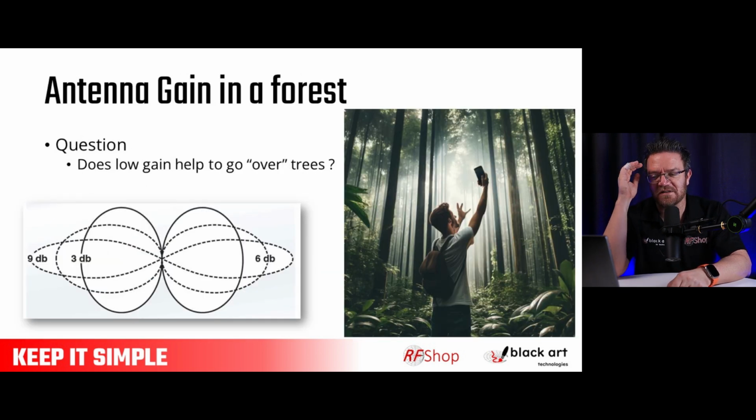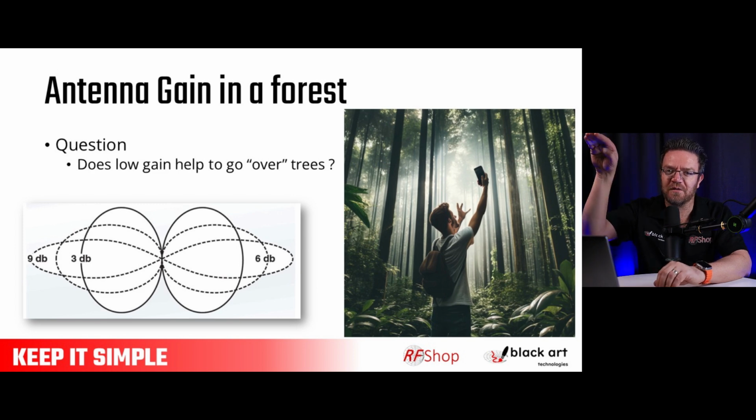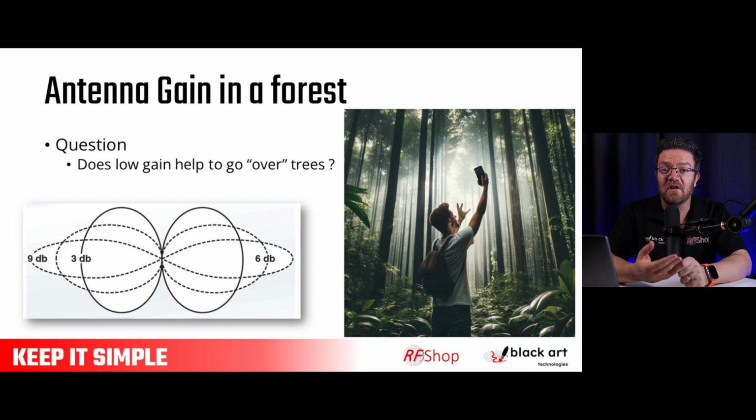Now, one thing that has come up a few times, and you can easily get caught on this if you are not thinking about it, or if you're not an expert in this field, is we get people who think, well, you need to go low gain in a forest, because with low gain, the signal goes up, over the trees, and down again. Now, it doesn't work like that. You have a direct line straight to the other guy. It's not about the wave going like this, like if you hit a tennis ball or something. It doesn't have that kind of curve. That's not the way it works.